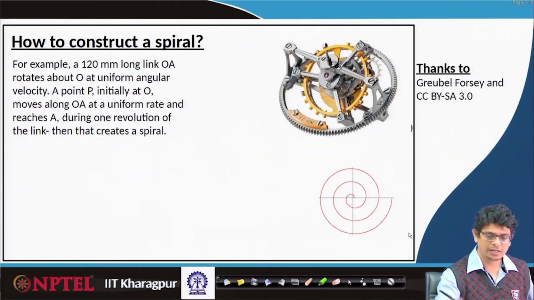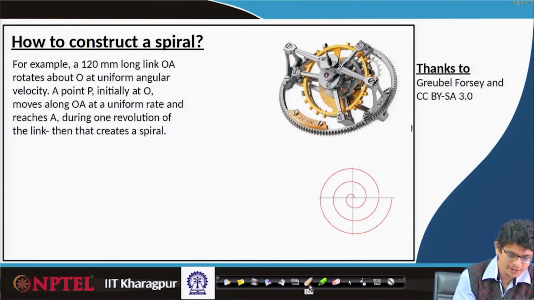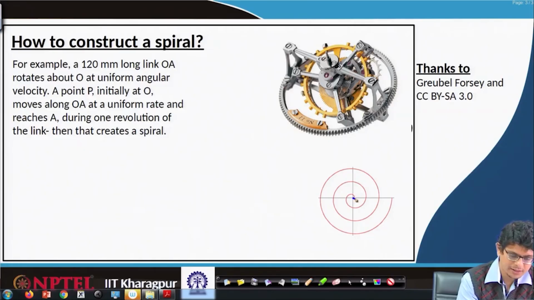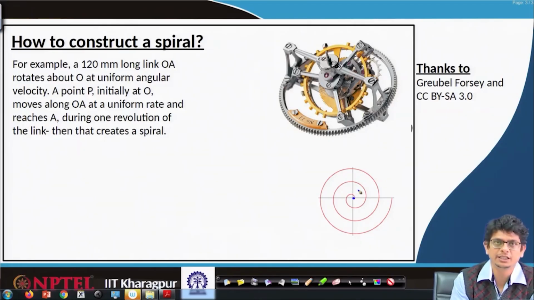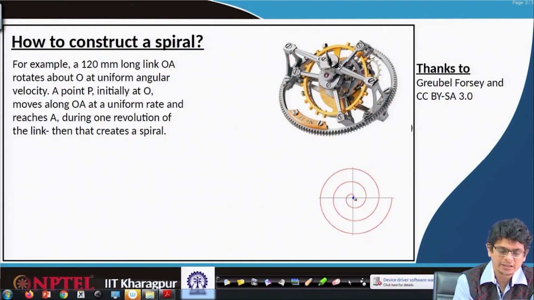For example, let us pick a point P. Though initially it might be at the center, as it moves with constant angular velocity and moves out radially, it tracks a shape like a spiral.